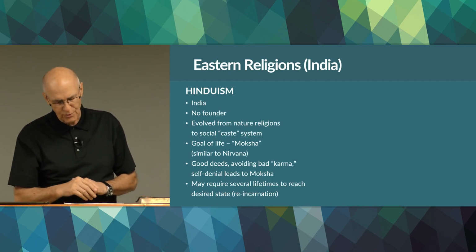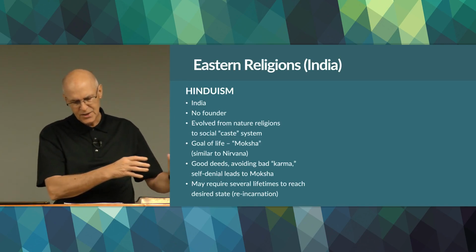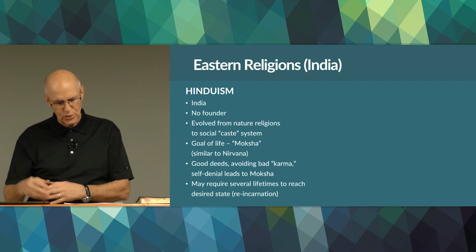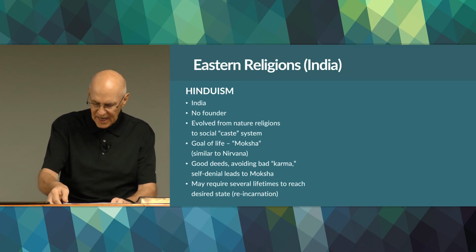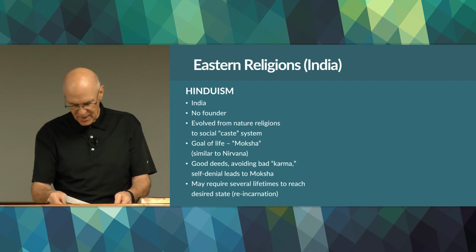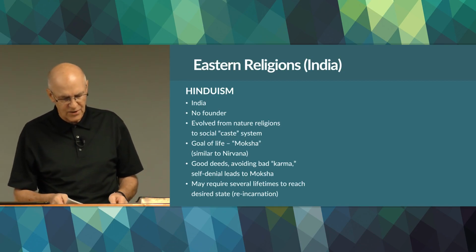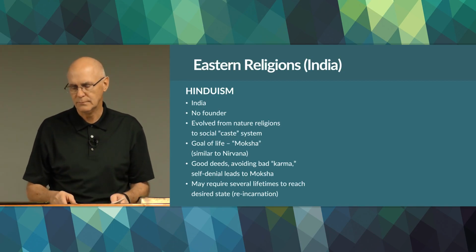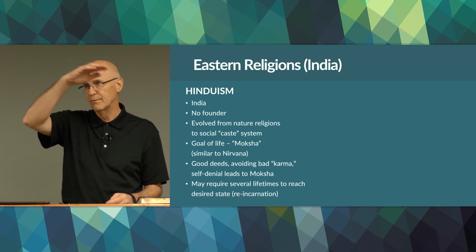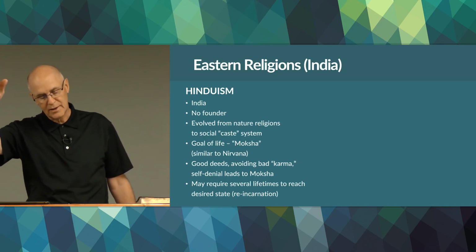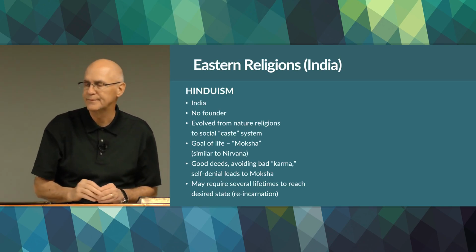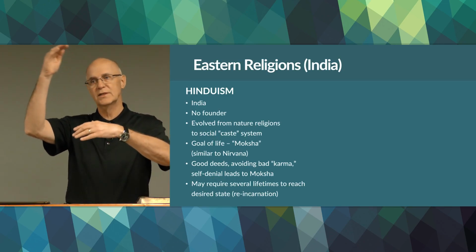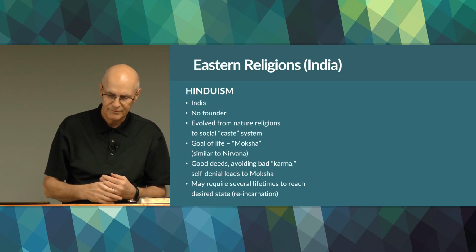It evolved from nature religion, and it evolved into a social system that produced 4 strata or castes in Indian society, with the priestly or the religious leaders at the top, the Brahma class at the top, and then going down to the poor at the bottom. And you couldn't come out of one caste into another.